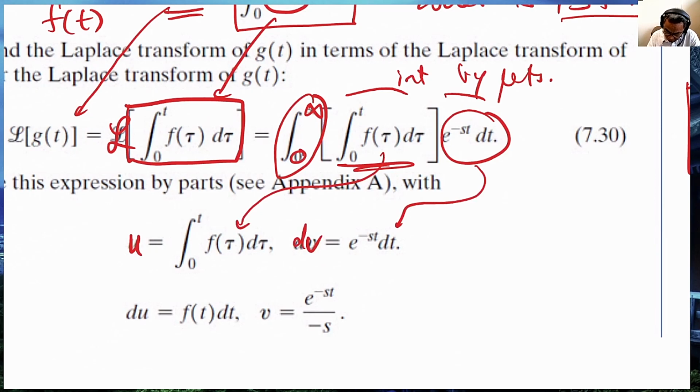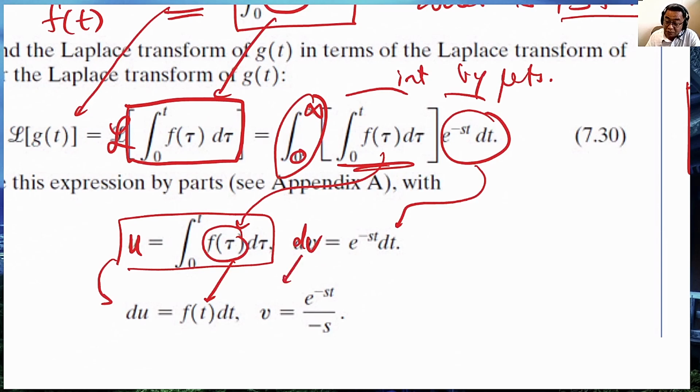Once we have u, then du is simple, right? By the fundamental theorem of calculus, if you have u, du is simply this guy, because this is the antiderivative anyway. Now, what we then do is dv. To get from dv to v, we have to do the integration.